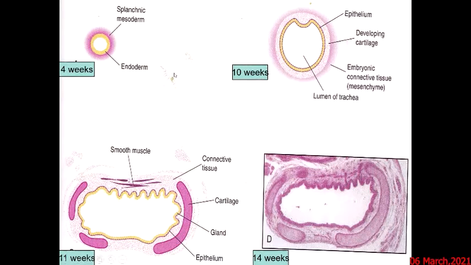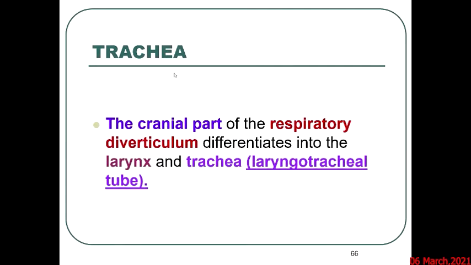This is that smooth muscle, the trachealis muscle I told you about. Look at the cartilages, they are developing. Here it is not fully formed, here a little, and this is 11 weeks. These are the hyaline cartilages and they are derived from mesenchyme of the splanchnic mesoderm, and also this trachealis muscle. And at 14 weeks, this is the trachea. So this is about the development.